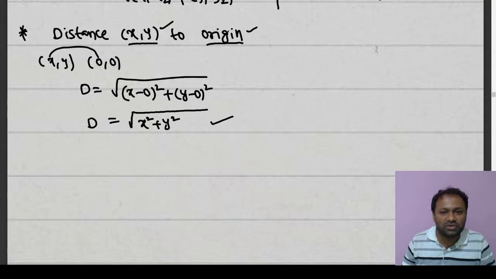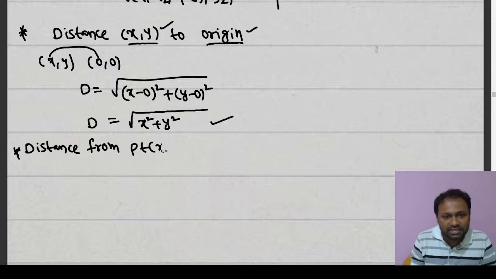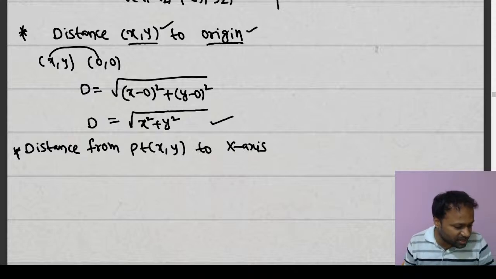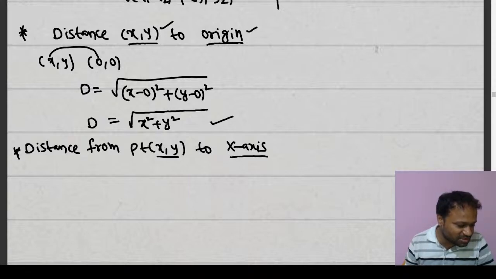Next I am going to do one more condition. What is the distance from the point x comma y to x axis? Is there anybody to say the answer? What will be the answer?